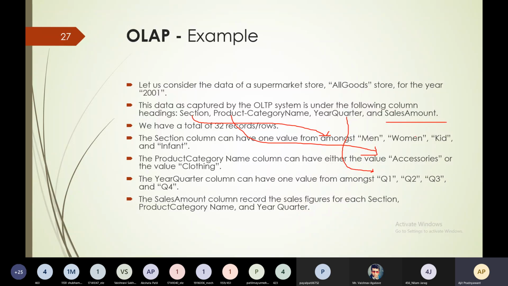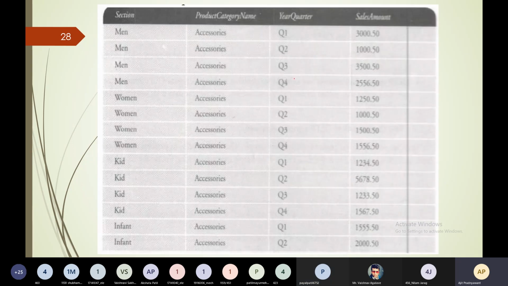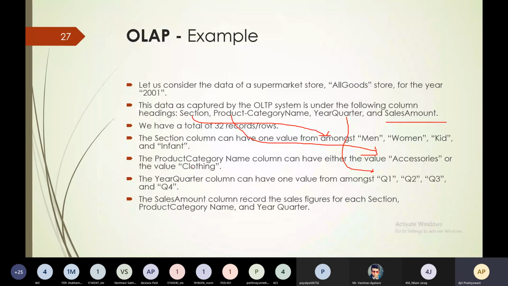So this is one example that stores the All Goods store market data of the year 2001. Now see, it will look like this. This is our section, this is our product category name, this is year quarter, and this is our sales amount. The section would store men, women, kid, and infant, whereas product category will store accessories and, as already said, clothing.